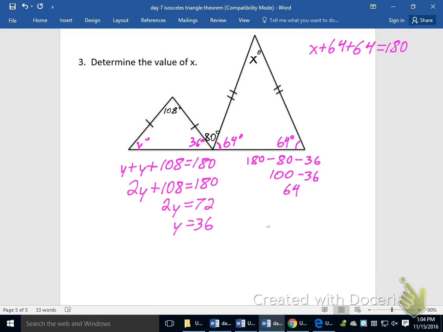This is triangle angle sum theorem that I just did: the three angles of the triangle add to 180 degrees. I'm going to combine the two 64s to make 128. And when I subtract the 128 from 180, I get 52 degrees. And there's my final answer. So this is using isosceles triangle theorem on this problem.